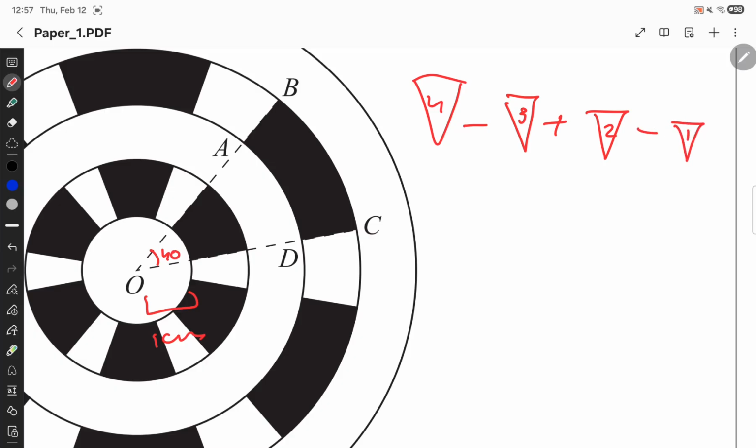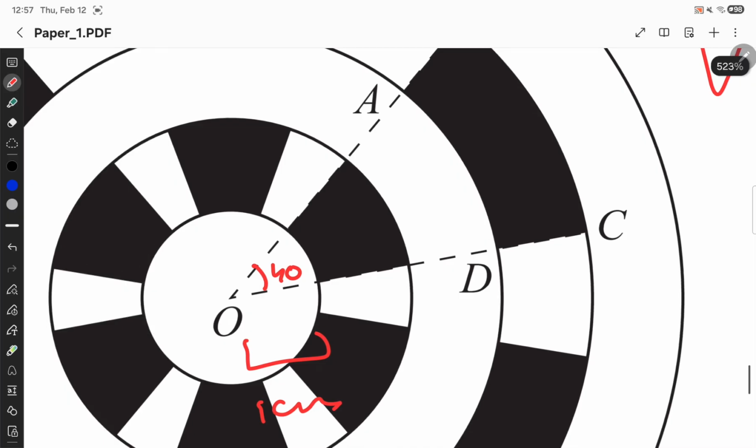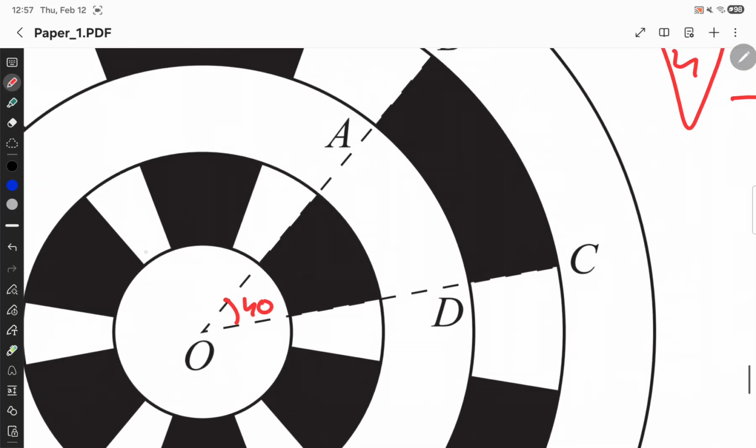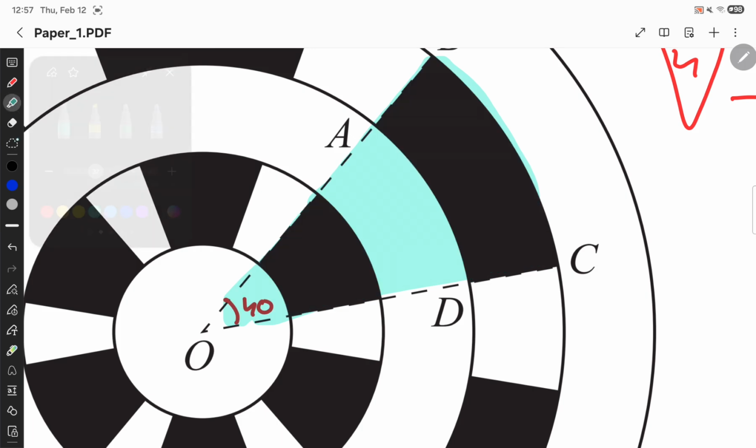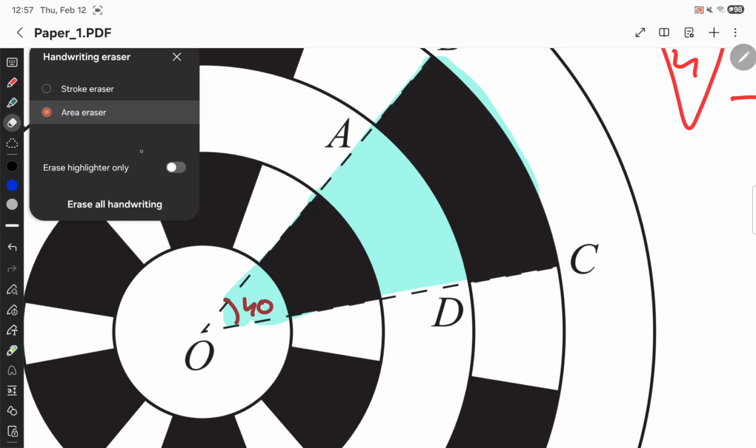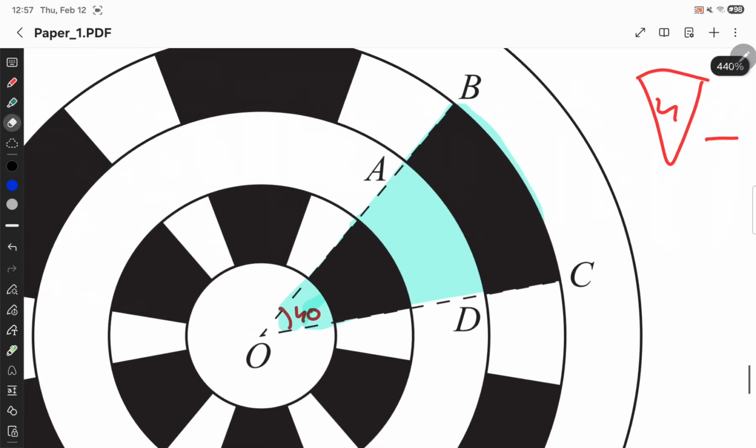How do I know? Because if we just have this 4 centimeters, then we are finding this area only. If we remove 3 centimeters from this, then what are we left with?